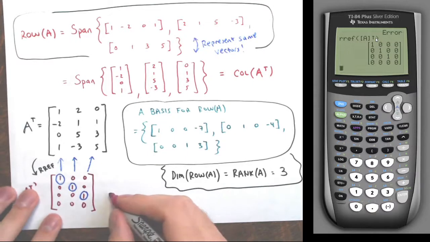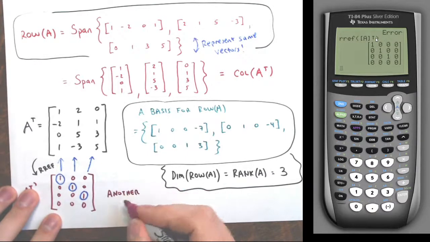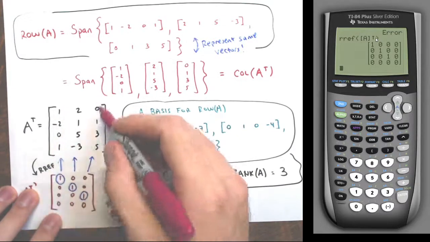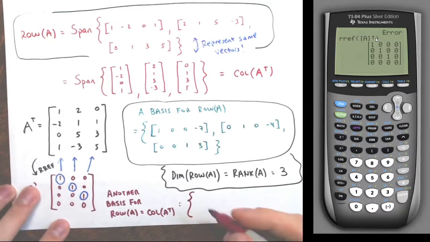So another basis for the row space, which is again the same thing as the column space of the transpose, is the set with these 3 columns that correspond to the pivot columns of A transpose in reduced echelon form.